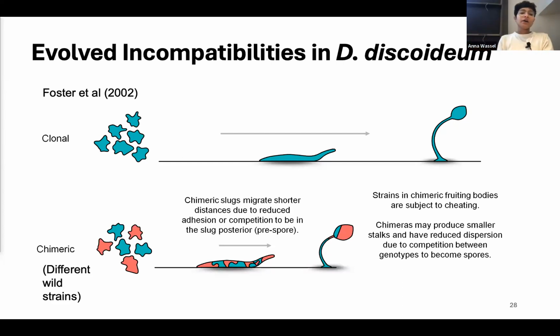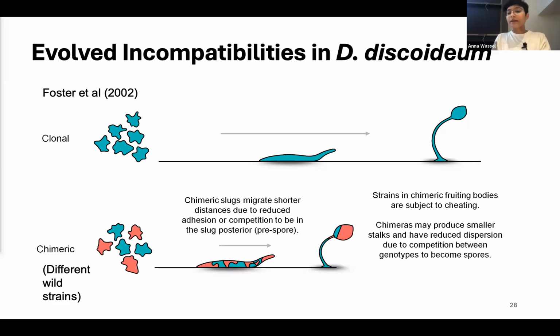These are collected from the wild, and they have had enough time to develop their incompatibilities, but they are not of the same strain. These are different natural strains. And he found that when you mix these genotypes together, you get shorter slug migration distances.